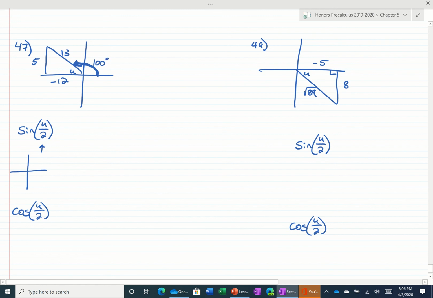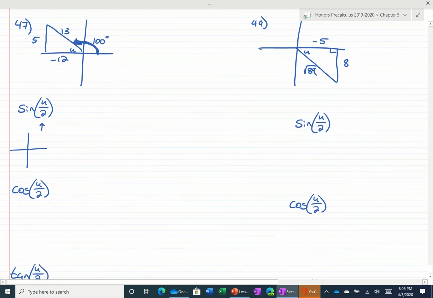It doesn't tell us what it is, but we know it terminates in quadrant 2. If we're going to be finding the sine of U over 2, that would be 50 degrees. Or any angle in quadrant 2, if you take half of that, it's in quadrant 1. So that means that our cosine and our sine values are definitely the positive square root.